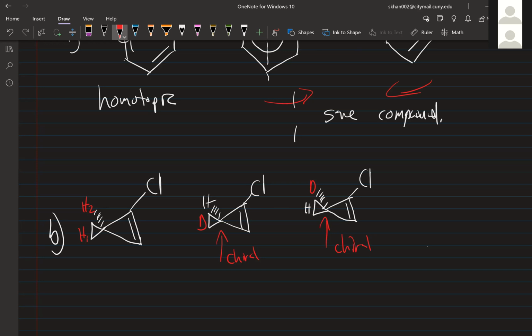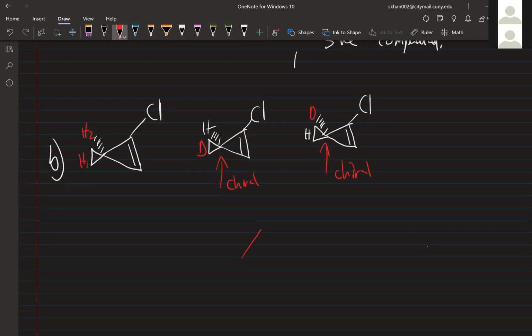So if we put these up against each other on a mirror plane, let's say we drew it this way. This would be the wedge facing this way. That would be the dash. This was our D, right? And then against the mirror plane, right? Or was there Cl here?